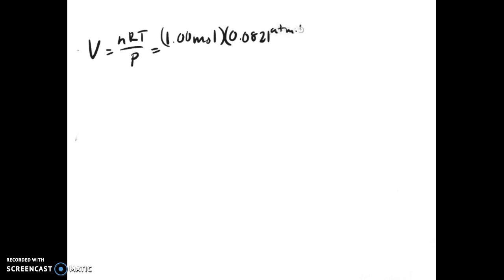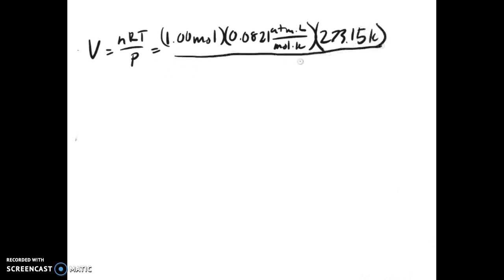Now, the equation to do this is you're solving for volume, which equals nRT over P. Taking 1 mole of a gas times your R value, 0.0821 atmosphere liters per mole Kelvin, times your temperature, which, like we said, you can't do 0 degrees Celsius, so instead you take the conversion from earlier and do 273.15 Kelvin, all divided by the standard pressure, which is 1 atmosphere.